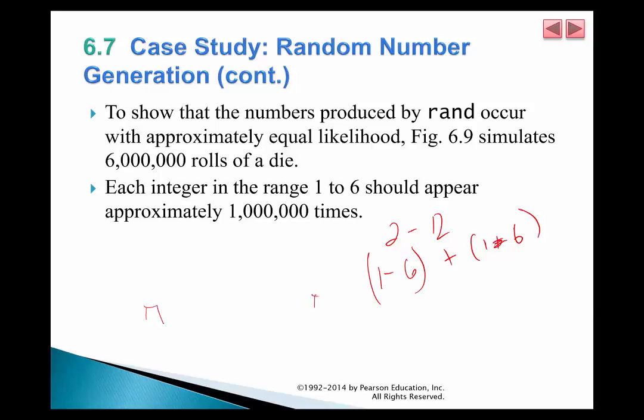To get a 12, I have to have a 6 and a 6. But to get a 7, I have a whole bunch of possibilities: 1 and 6, 2 and 5, 3 and 4, 4 and 3, 5 and 2, and 6 and 1.